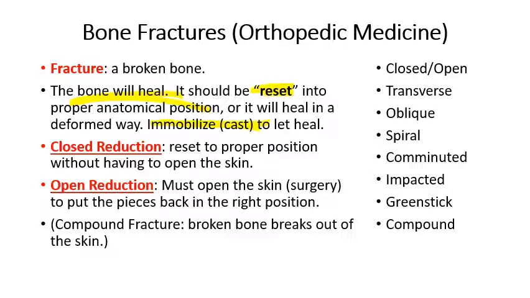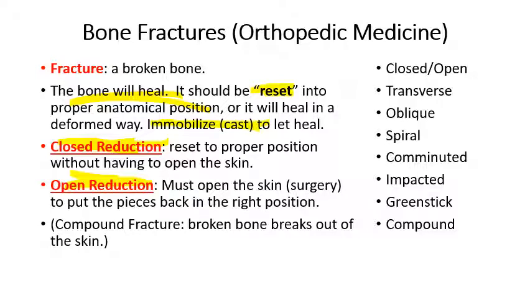Now when you reset it, if you don't have to open the skin in order to put the bone pieces back together in the right orientation, that is referred to as a closed reduction. On the other hand, if the bone is broken into lots of fragments and you can't really put it back together from the outside of the skin, you have to cut it open surgically and put it back together and then sew the skin back up. That's referred to as an open reduction.